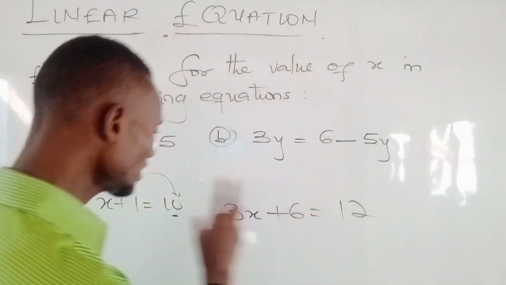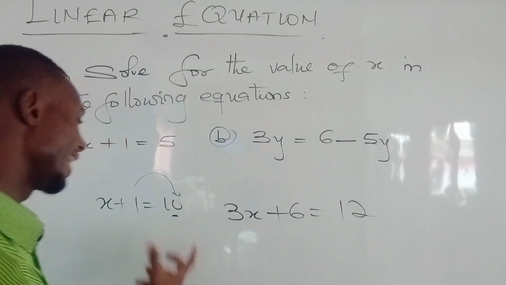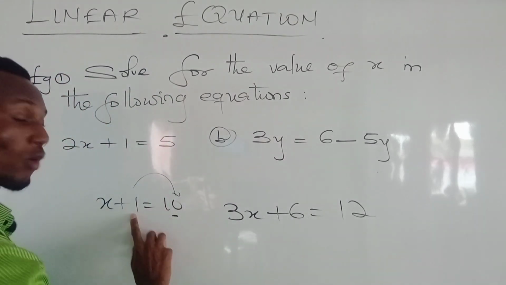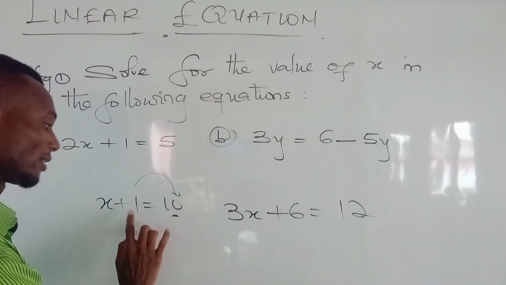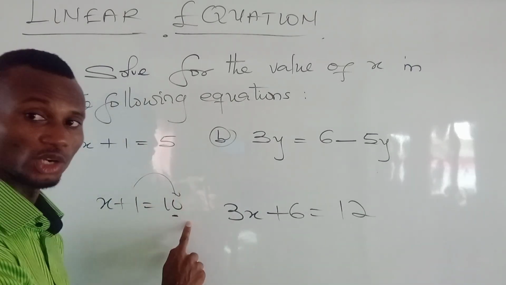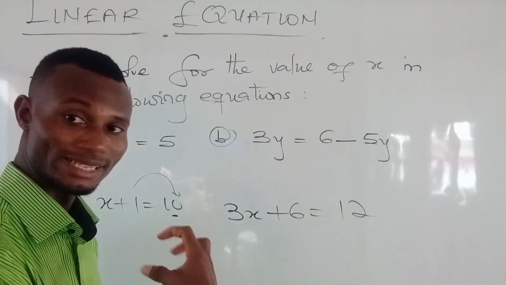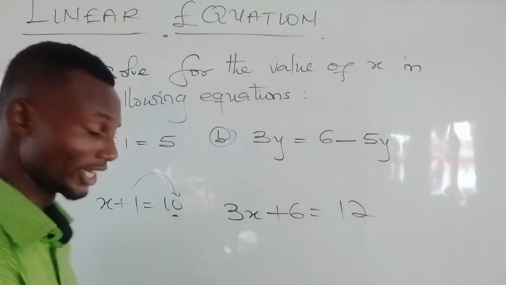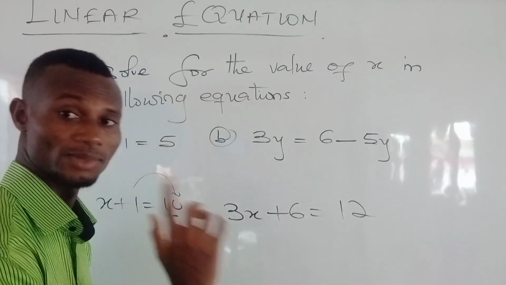Now I said for us to solve this one, we have to group like terms. The positive one here will come and join the 10, and you can see that it will cross the equal sign to do so. When anything crosses the equal sign, its sign changes. It is positive here, so when it crosses the equal sign, it becomes negative.